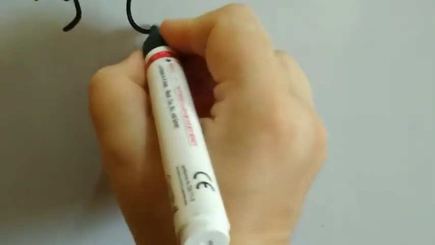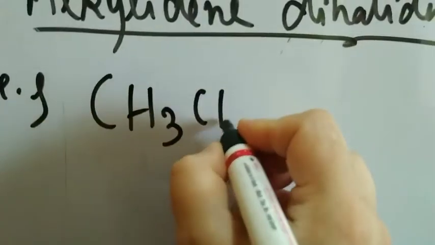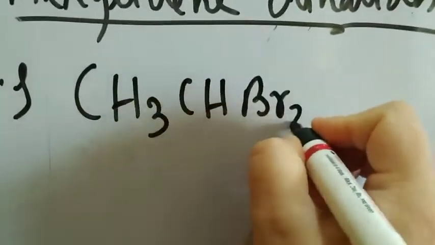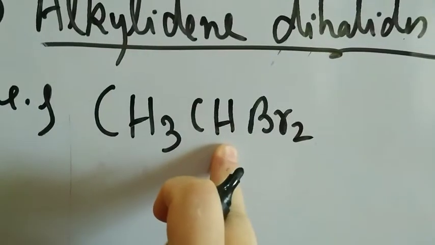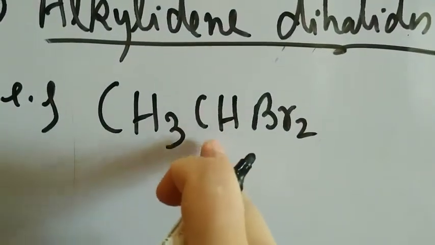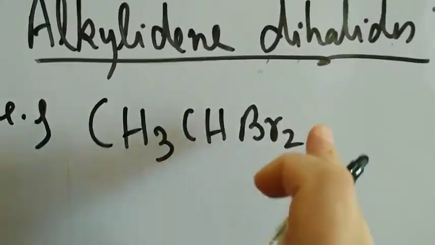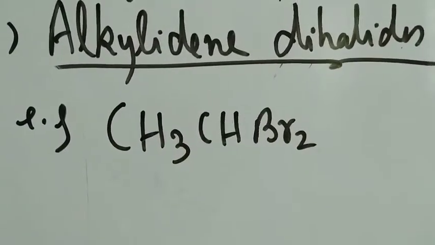Let us write down the examples. We have CH3, CHBr2. Two hydrogen atoms have been replaced, but they have been replaced from the same carbon atom. Therefore, both the halogen atoms are on the same carbon atom.